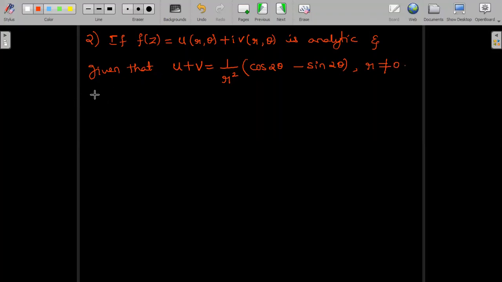So given this, determine f of z. So this is our question.